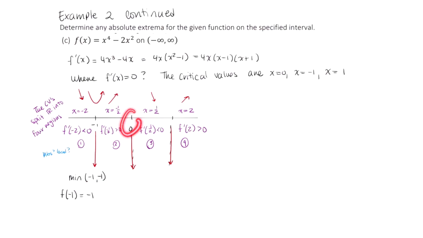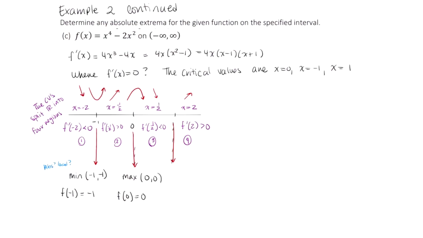So at 0, our function goes uphill and then downhill because the derivative is first positive, then negative. So that tells me I have a max when x equals 0, and the y value we can find by evaluating our original f at 0 to get 0. So I know there's a max there at (0, 0).